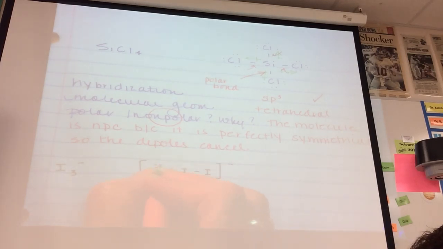Complete the octets of the terminal atoms, and then any remaining ones. Here's where electron count is going to be critical, because if you don't do it, you're going to forget some valence electrons, as we talked about last week. So we've got 12, 14, 16, 18, 20, 22.